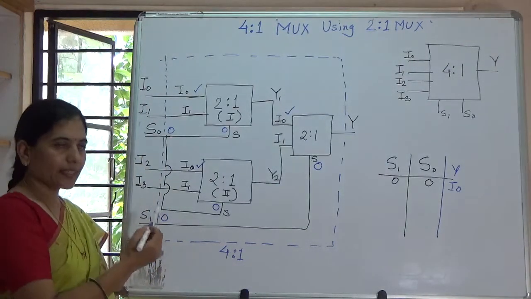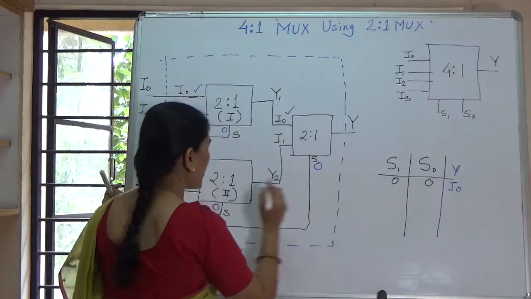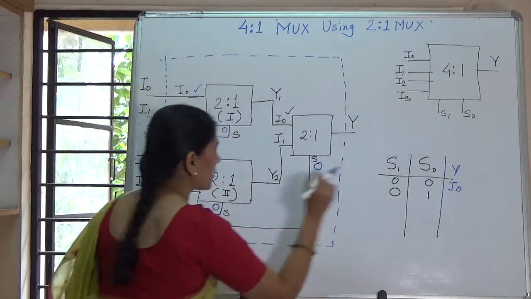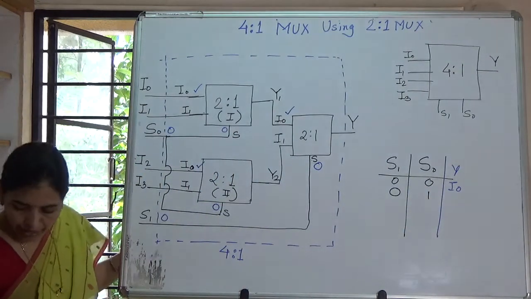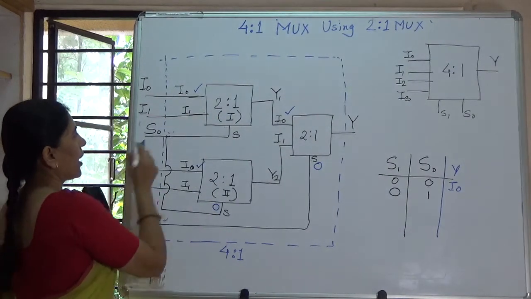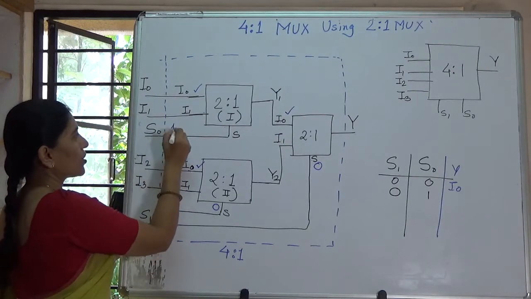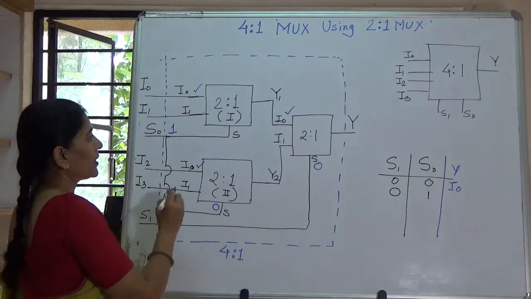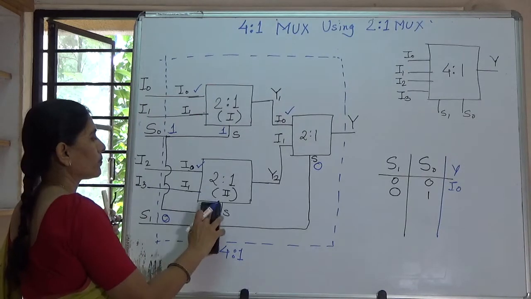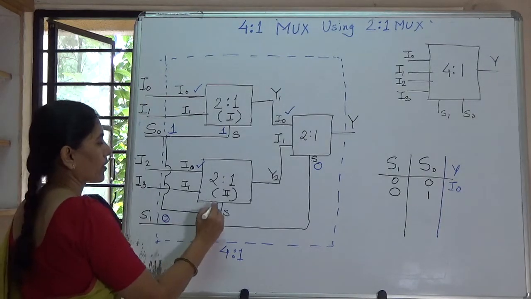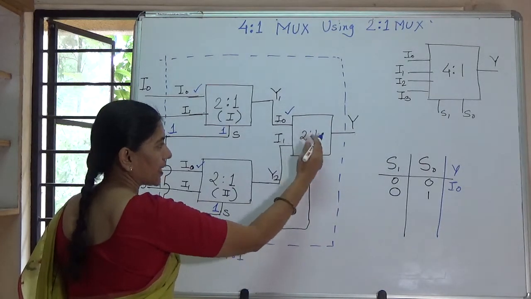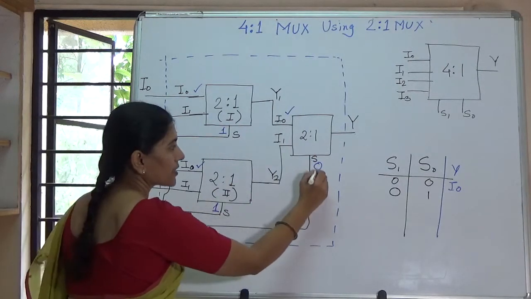Now let us take the second case, that is S1 is a 0 but S0 is a 1. So if now we make S0 as a 1 and S1 as a 0, in that case this select line will become a 1, this will also become a 1, but the second multiplexer over here, in the second stage, will still have the select line as a 0.